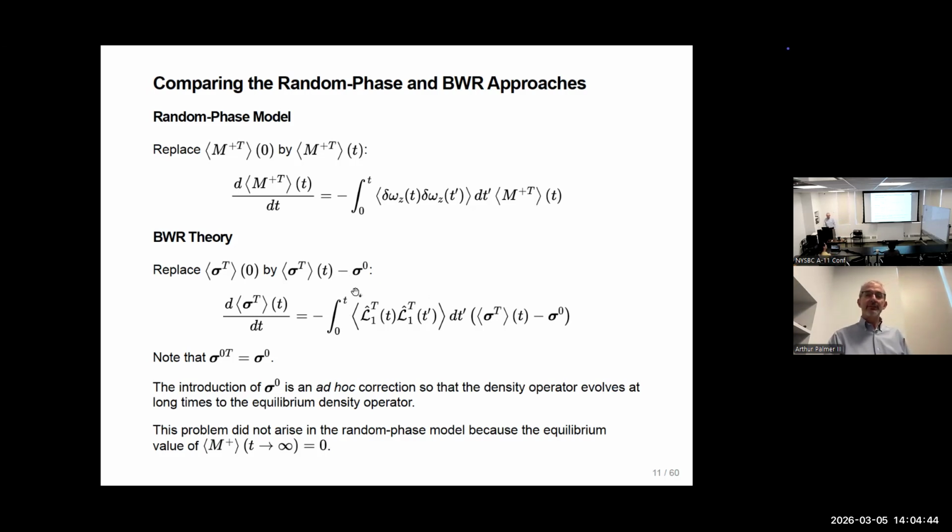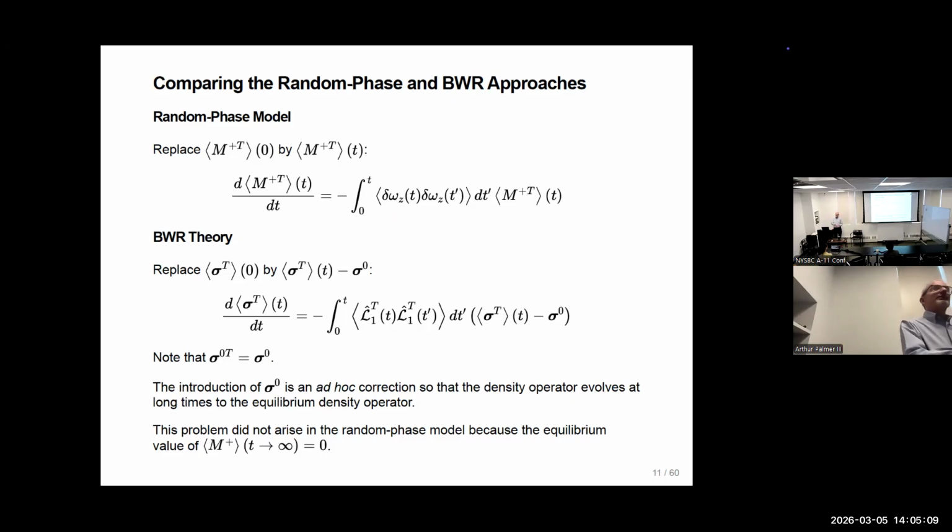So here I've just then replaced sigma at time 0 by sigma at time t minus the equilibrium density operator. This problem didn't come up in our simple case, because in our simple case we were talking about transverse relaxation. And at Boltzmann equilibrium, there is no transverse magnetization. So there was nothing to subtract off.